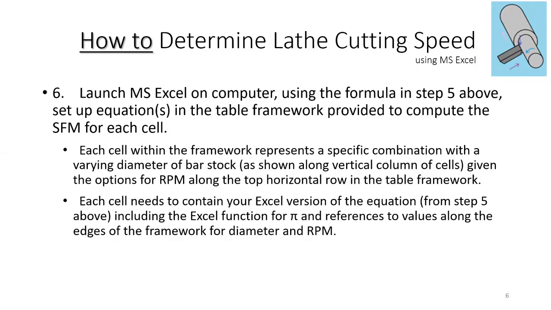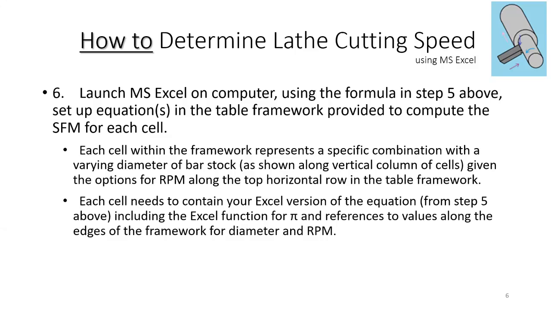So we're going to launch Excel on the computer using the formula in the prior slide, and we are going to build a table of speeds at given RPMs and current instantaneous diameter of the tool, and we will plot that along from a time perspective.